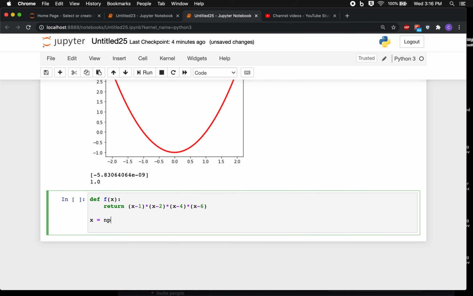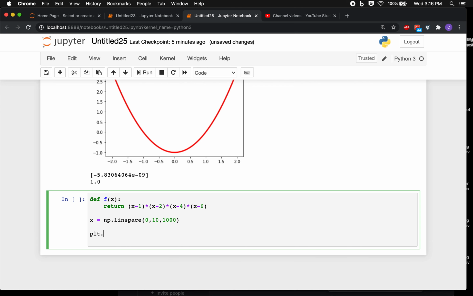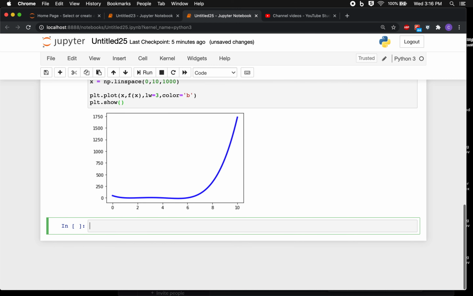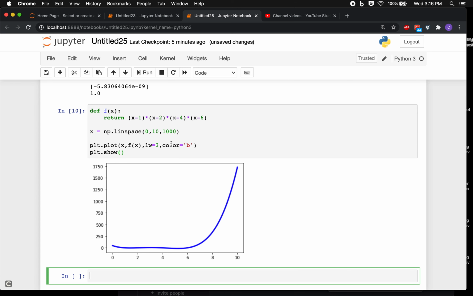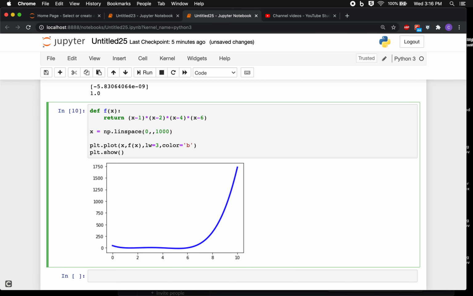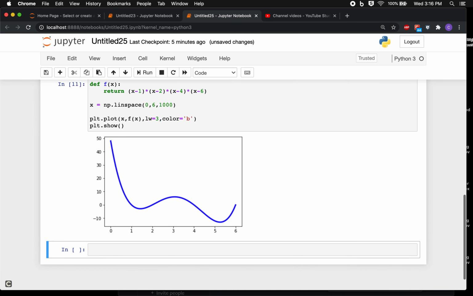I'll do linspace from 0 to 10 with 1,000 points, and plt.plot of x, f of x, line width equals 3, color blue this time. And then plt.show. All right, let me shorten this so it'll be a little bit clearer. Let's go to 6.